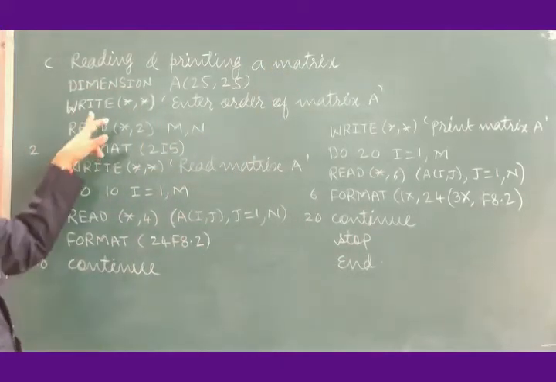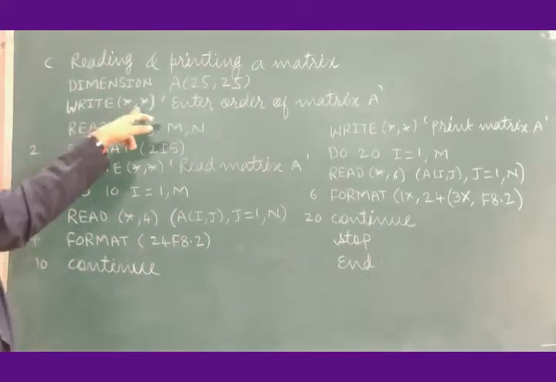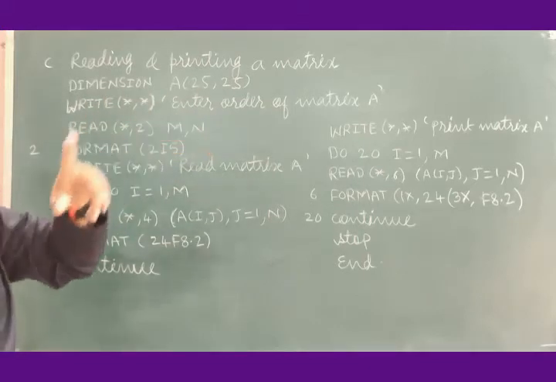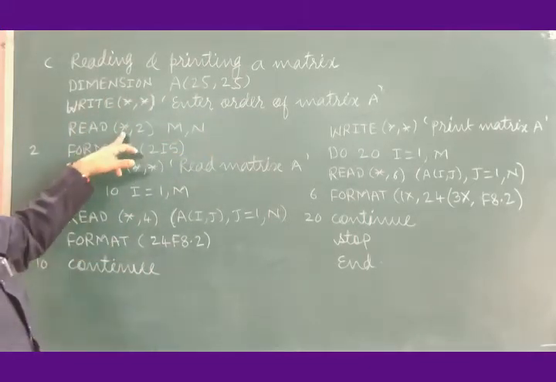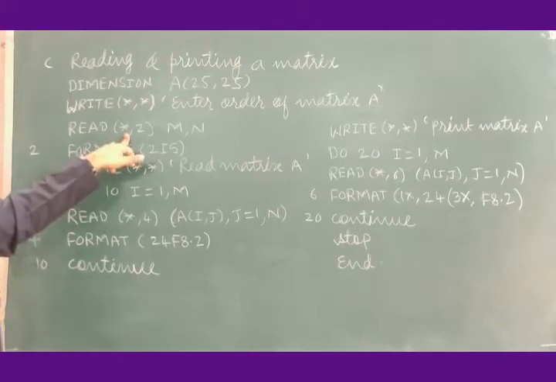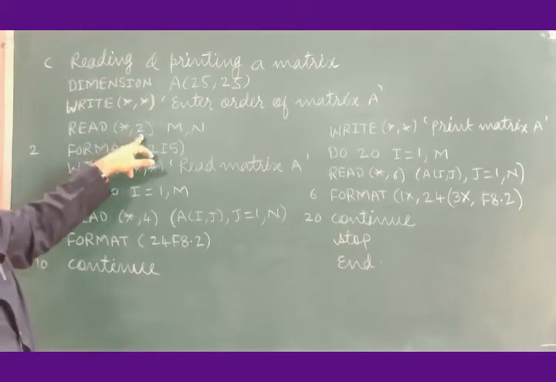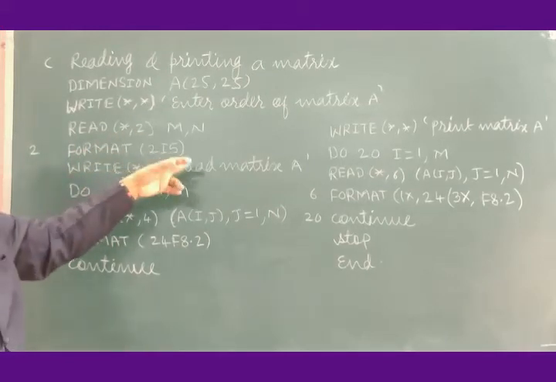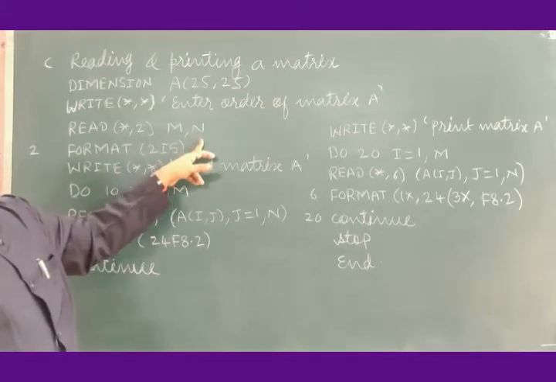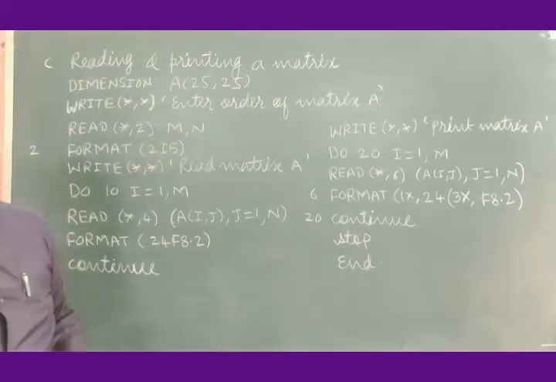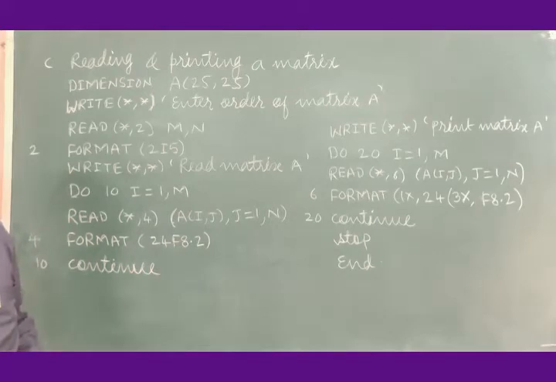Then comment again: enter order of matrix. Read asterisk, default input device, format, m comma n. M by n is the order of the matrix.